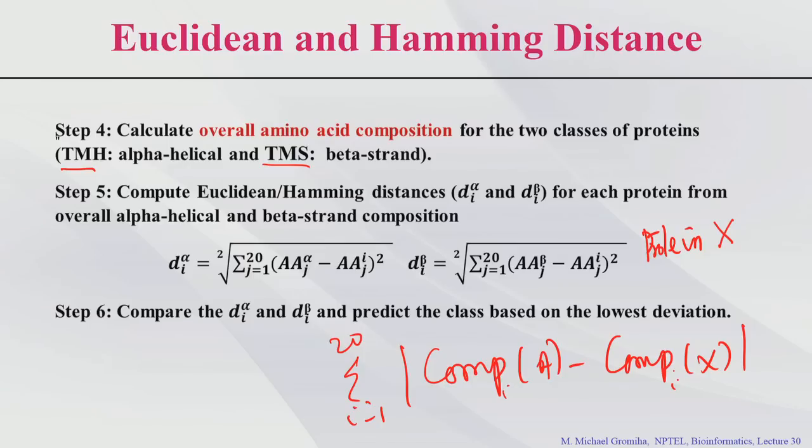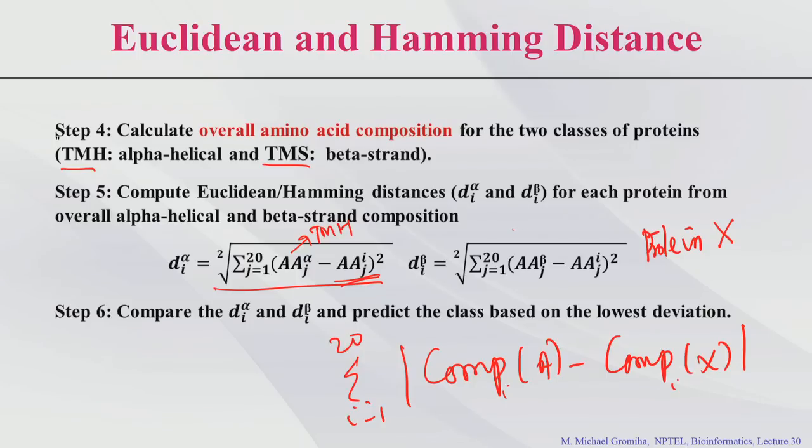For the Euclidean distance, you can use this equation: square root of the sum over i equal to 1 to 20. For the all alpha TMH proteins, this is the TMH composition, and this is your query protein.